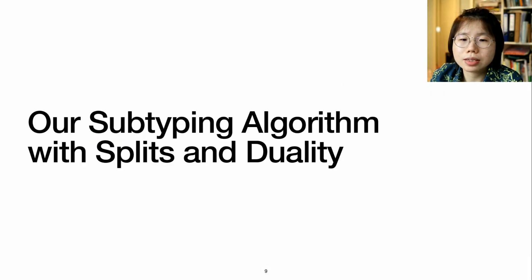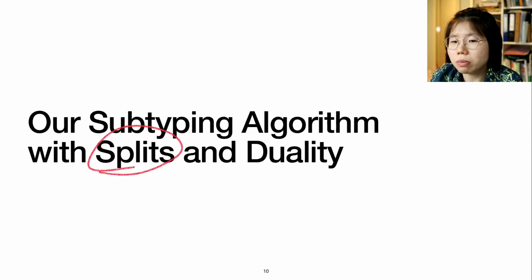Now, let's take a closer look at our subtyping formulation. Remember, it used two ideas: type splits, that we use to deal with the distributivity rules, and dual typing. It provides another viewpoint for us to unify the system. I'll show them one by one, so we'll start from the splits.